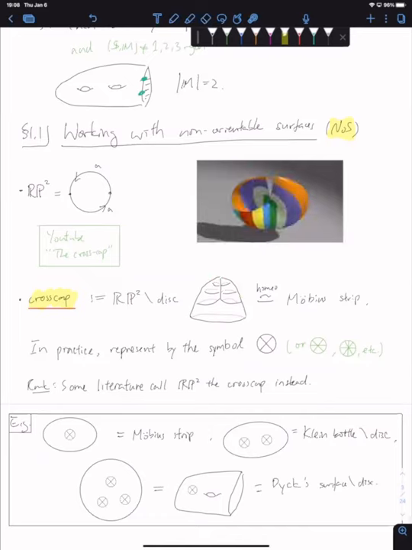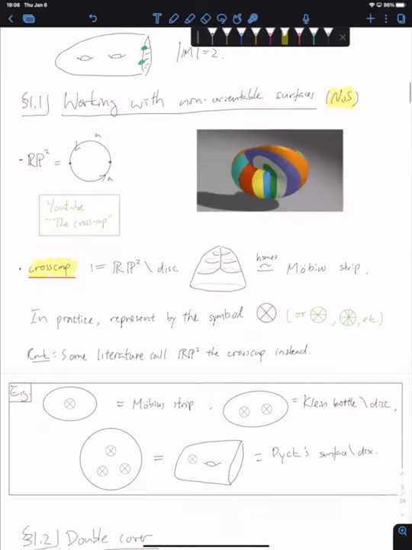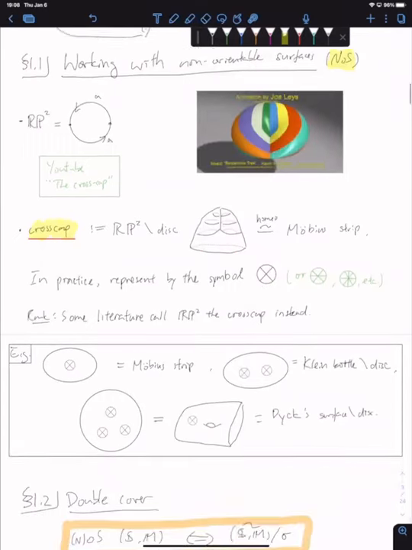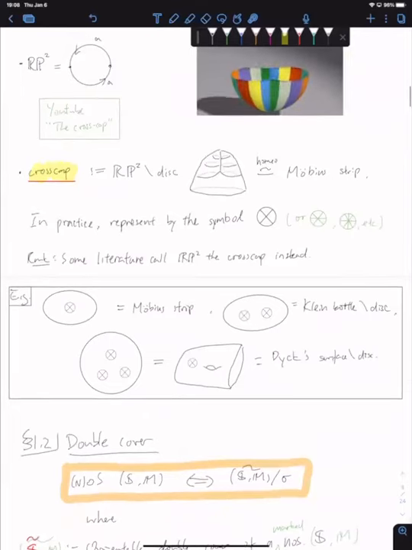Topologists have a way to draw them in simpler terms, which is to just draw a symbol to signify that you have the projective plane connected to your surface. So a Mobius strip will be drawn like this, and a Klein bottle, and if you take out a disk, they will be drawn like this, and so on and so forth.